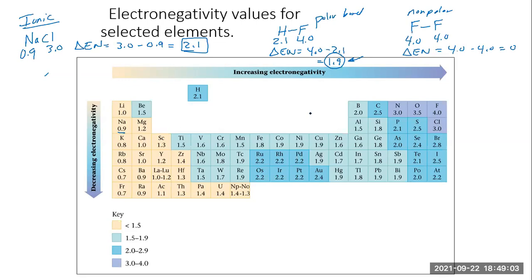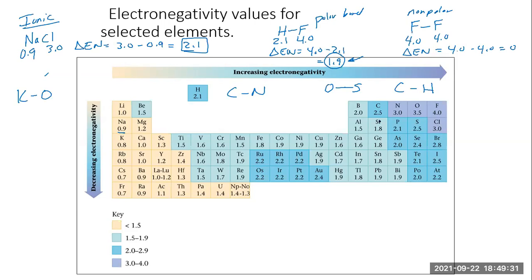Okay, so why don't you try some here? Let's say we had a bond between potassium and oxygen. Let us do carbon and nitrogen. Let us do oxygen and sulfur. Let us do carbon and hydrogen.